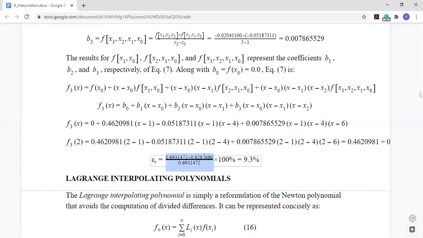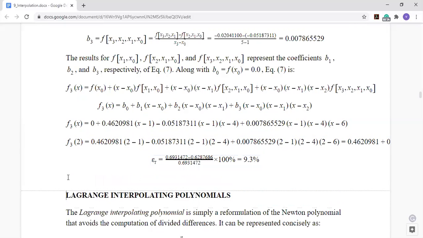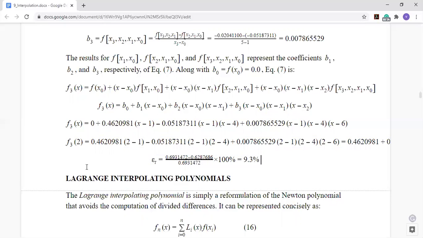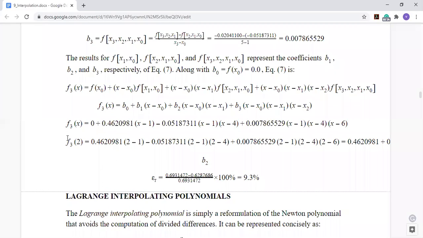So this is what we got. 0.6, the value we got is f of x2, copy, is equal to 0.6287686.